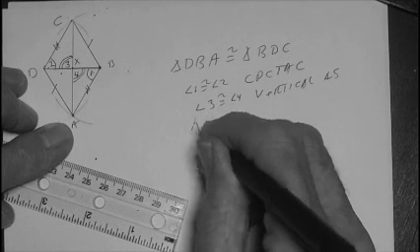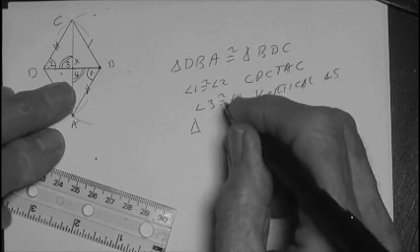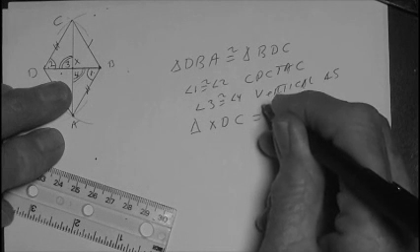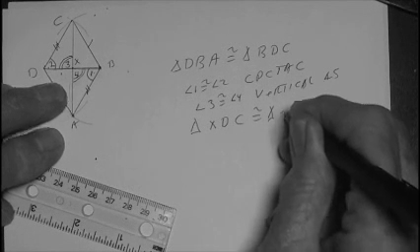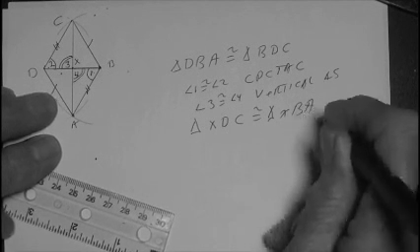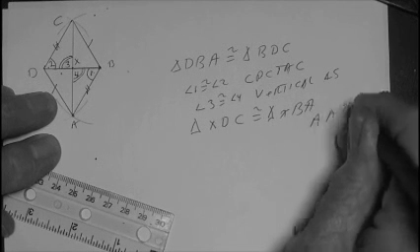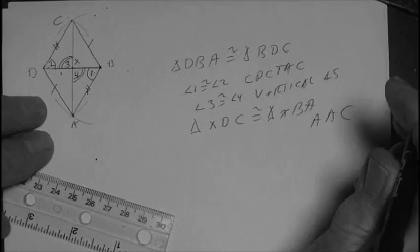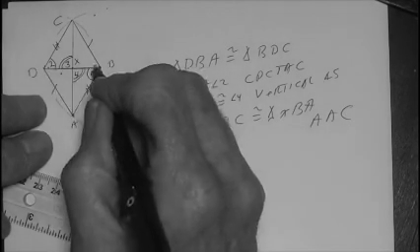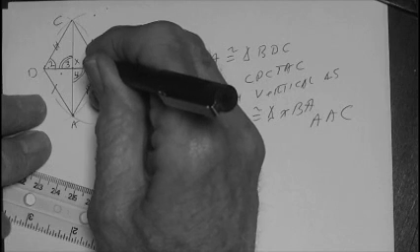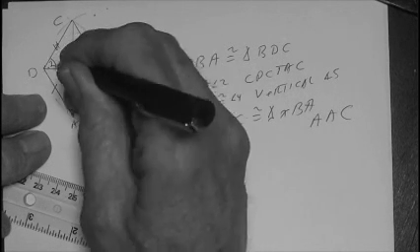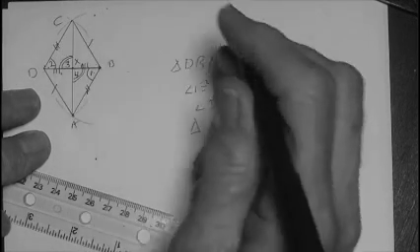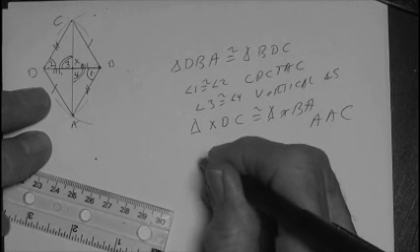So I can now say triangle, what shall we call it? Shall we say XDC would be congruent to triangle XBA because of the angle side theorem that we did before. So those two triangles would be equal to each other. And since these two triangles are equal, the distance from X to B must match the distance from X to D because they are corresponding parts of congruent triangles.